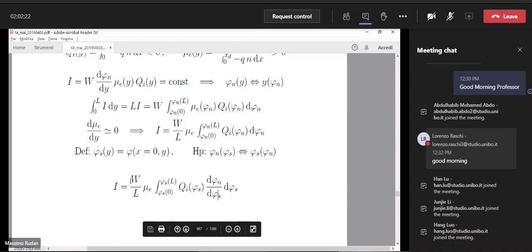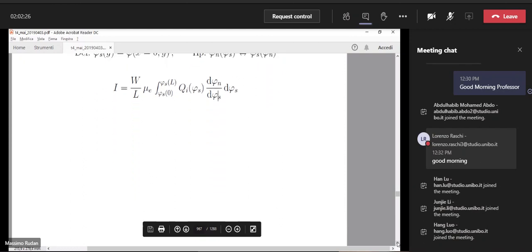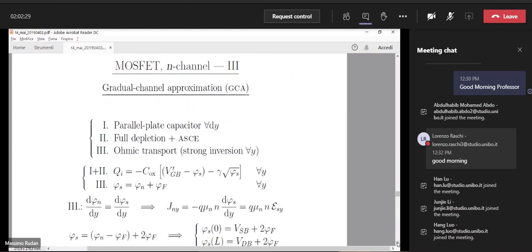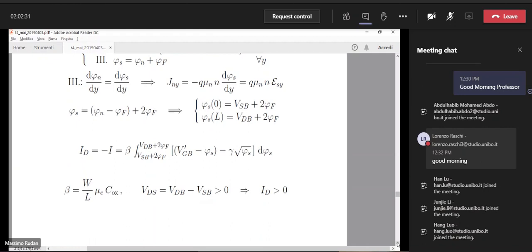So globally, this common factor will be called beta, okay? And you know very well that beta is, in quotes, the gain, or the multiplicative factor, of the MOS transistors, okay? So it's W over L, mobility times Cox, okay?